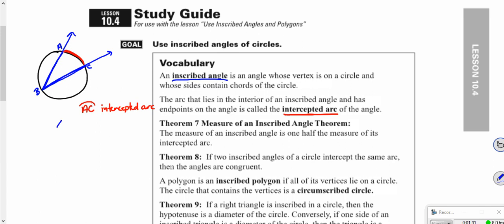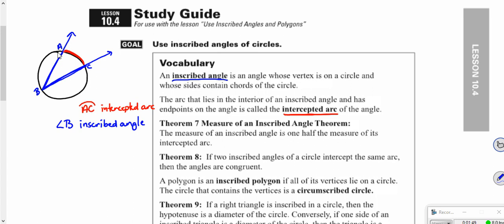Angle B is the inscribed angle. I could probably be more specific and say angle ABC, but that's what we're talking about. Inscribed angles and intercepted arcs.